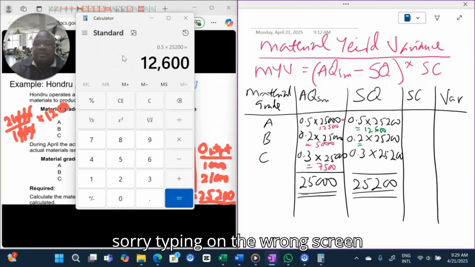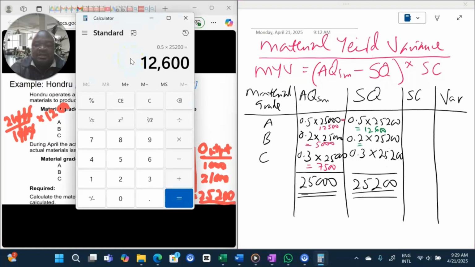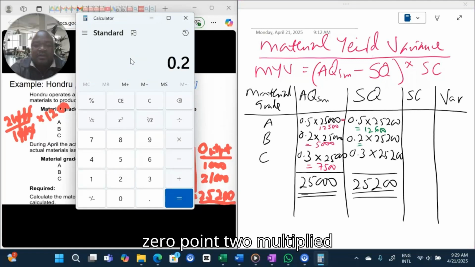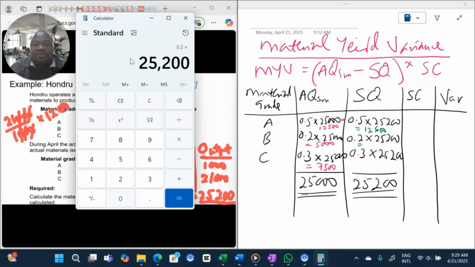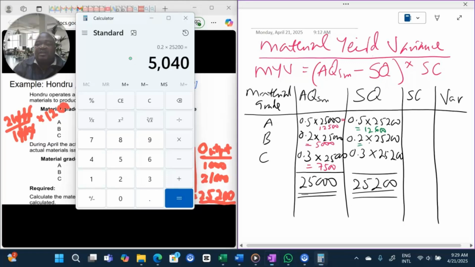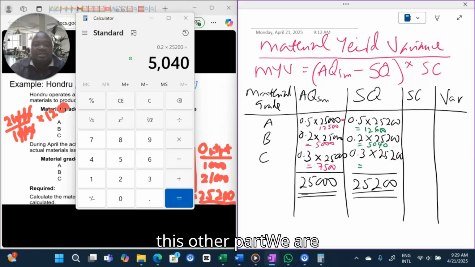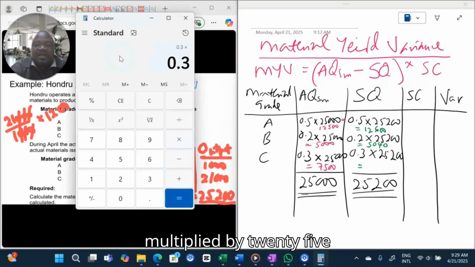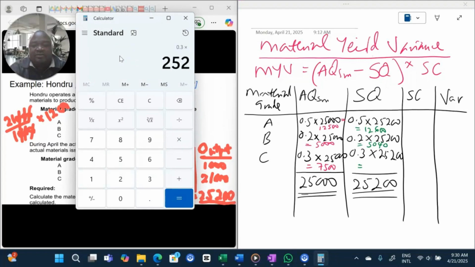Then for B, we are saying 0.2 multiplied by 25,200. That's 5,040. And then for this other part, 0.3 multiplied by 25,200.